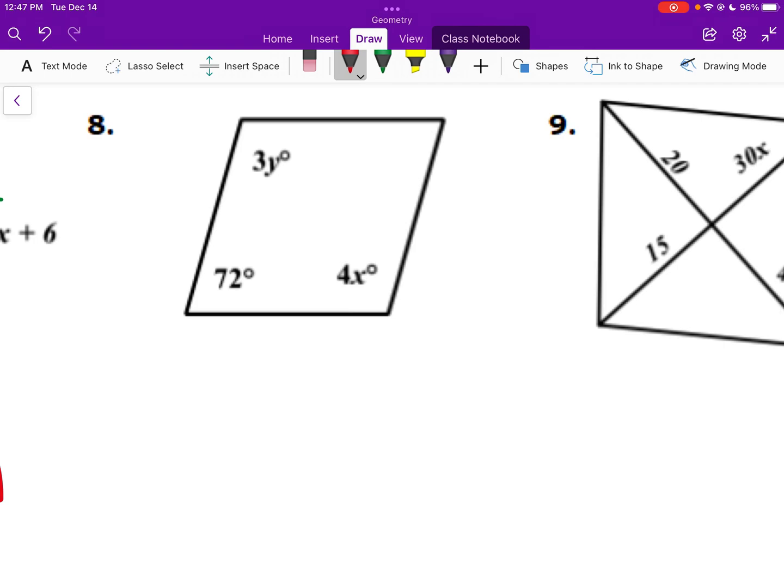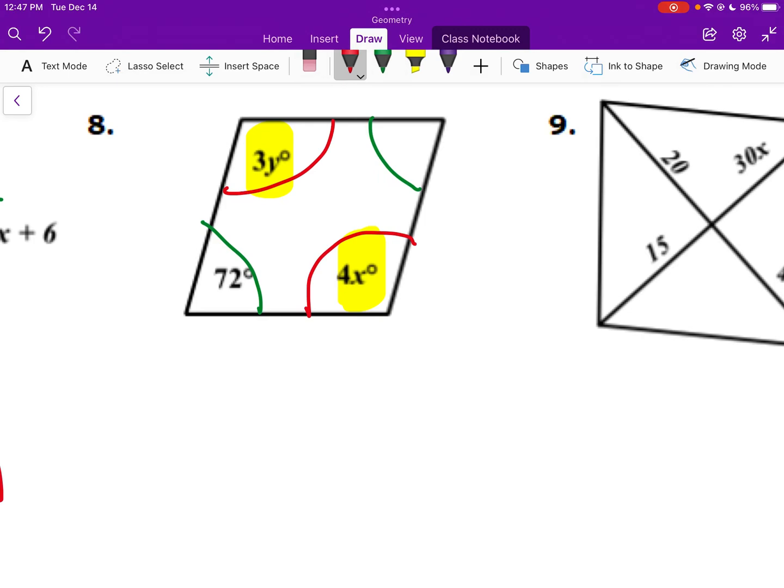Next one. In order for this to be a parallelogram, I want my opposite angles to be congruent. So I know that these two angles have to be congruent, and these two angles have to be congruent, right? I'm kind of limited as far as things to set equal, because if I were to try to set equal 3y and 4x, I couldn't solve. I'd be at a standstill because those are different variables. But I do know that the red and the green angles all have to be supplementary.